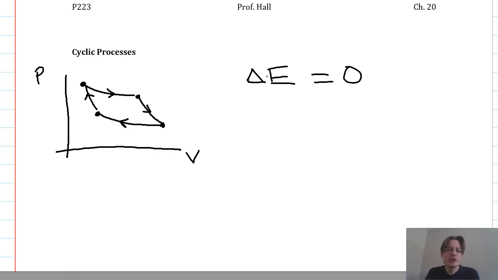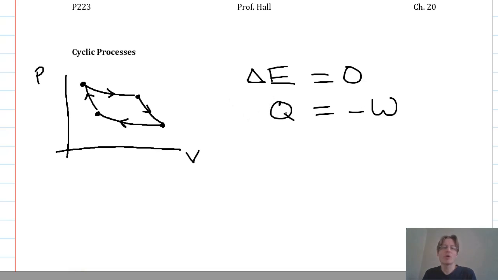Okay? Now, since the change of the total energy is zero, that means the amount of Q, the amount of heat that's provided, must just be minus W. It's just conservation of energy. If there's no overall change in energy, Q and W must balance each other. And let me remind you that this is over the entire cycle.